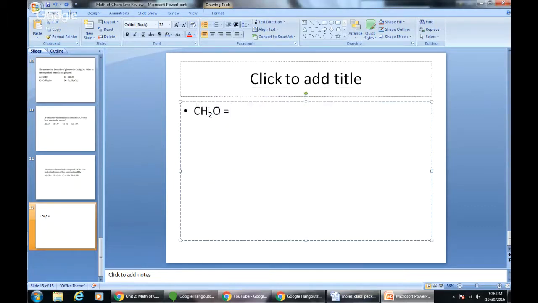That would be an empirical formula, and that would weigh a certain amount, and we could figure that out. Carbon weighs 12, hydrogen weighs 1, and oxygen weighs 16. So if we add those up, 12 plus 2, 14, 16, 30. 30 grams per mole is my empirical formula.